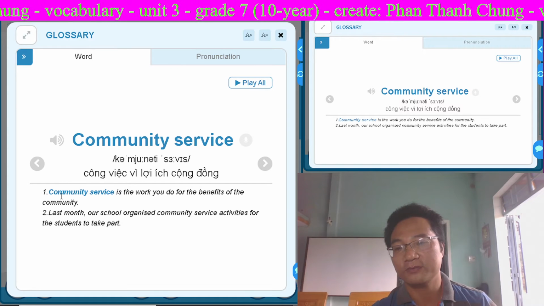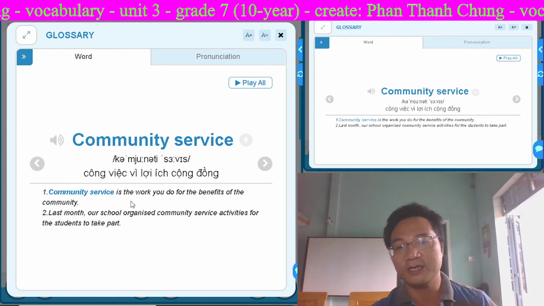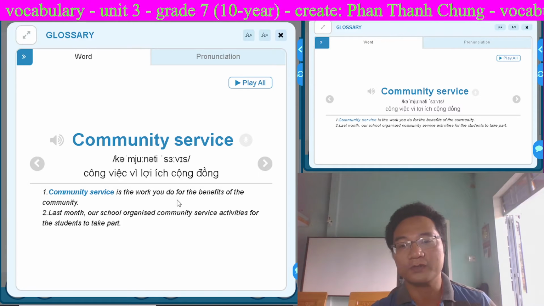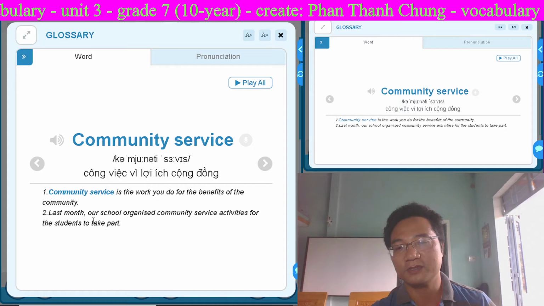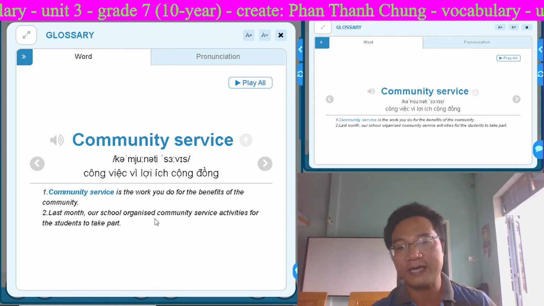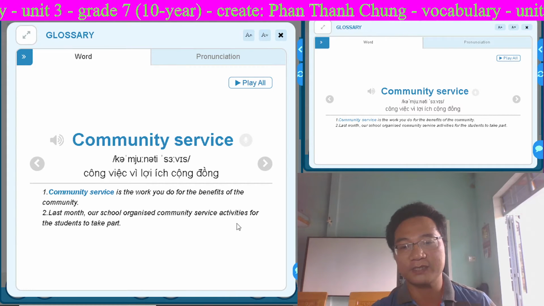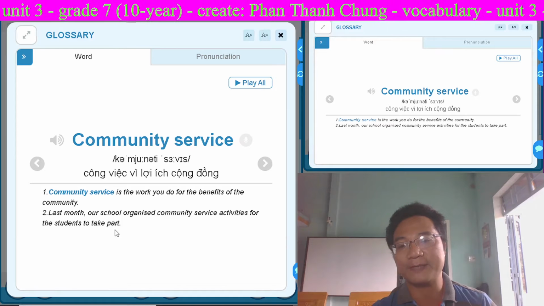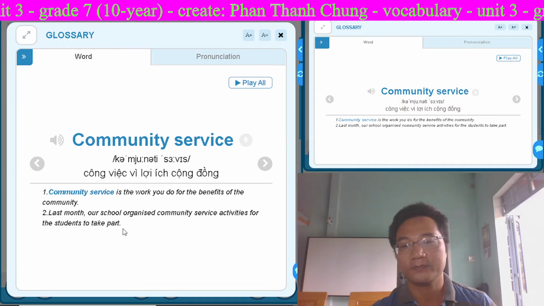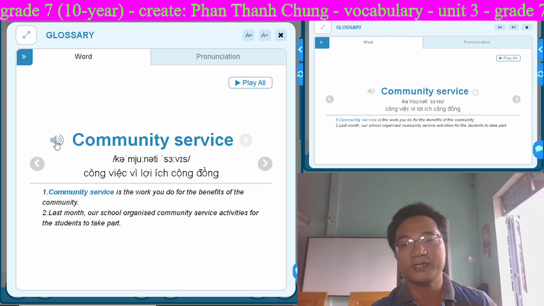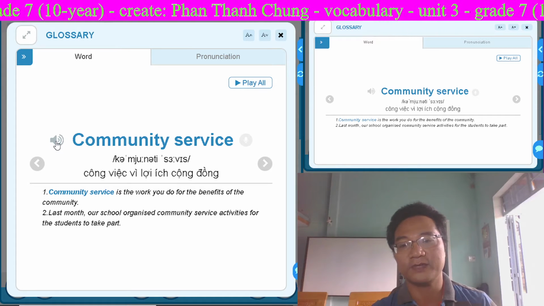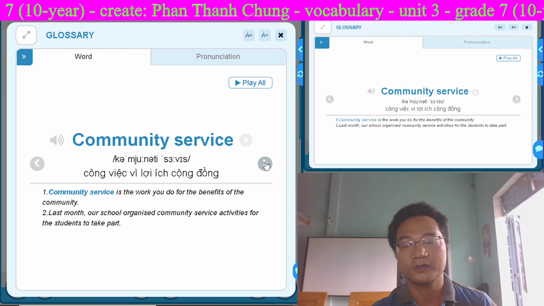For example, community service is the work you do for the benefit of the communities. Last month, our school organized community service activities for the students to take part. Again, community service, công việc vì lợi ích cộng đồng. Go on.